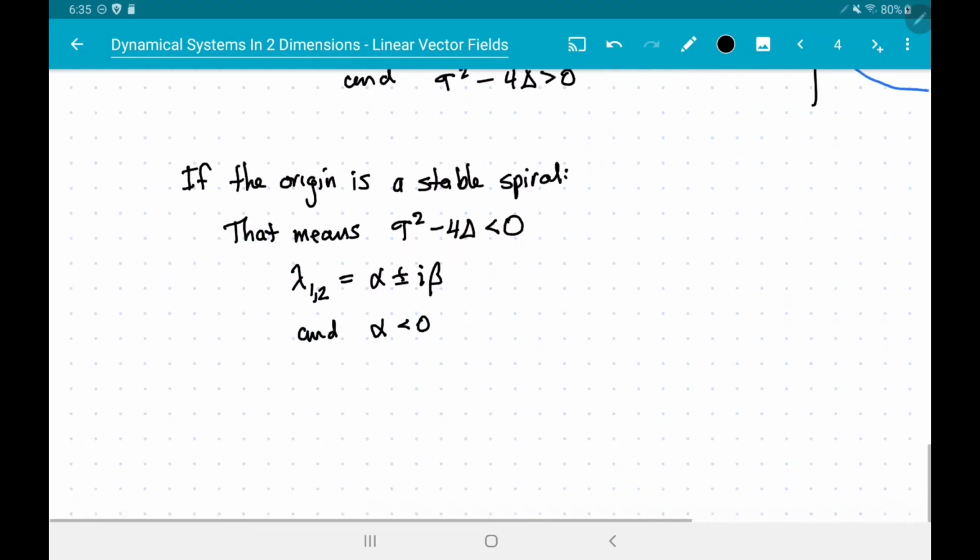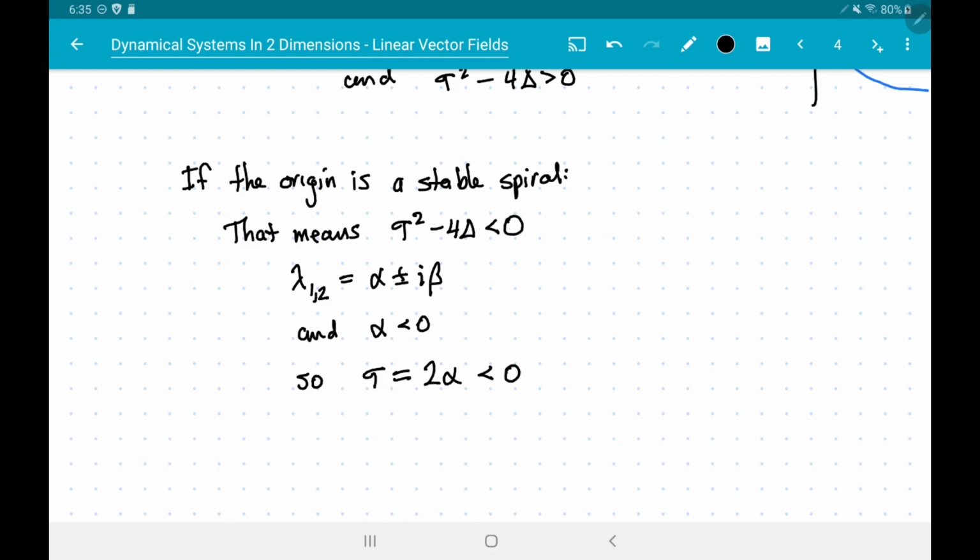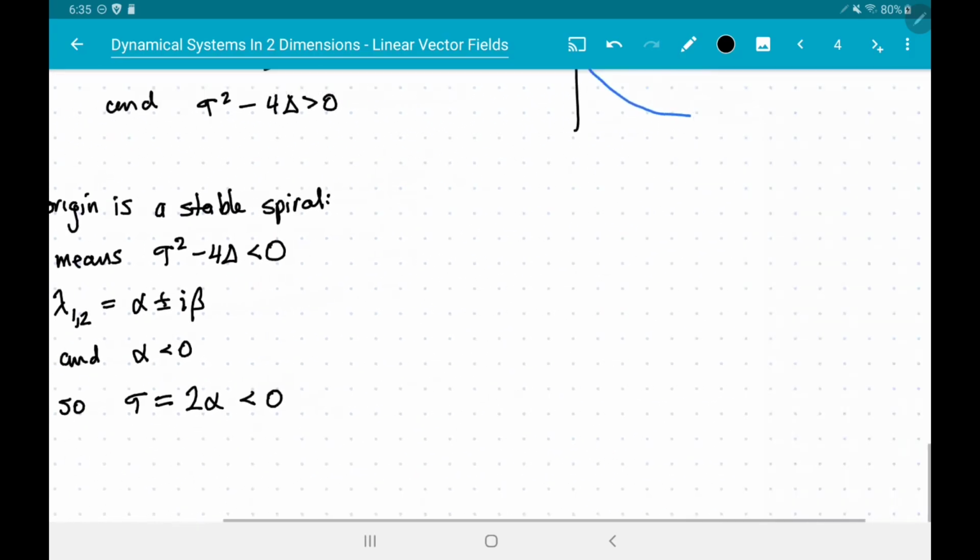Now at this point, remember that the trace, tau, is the sum of the eigenvalues. That's going to be 2 alpha in the case of a pair of complex conjugates. So that's telling us that tau is less than 0.